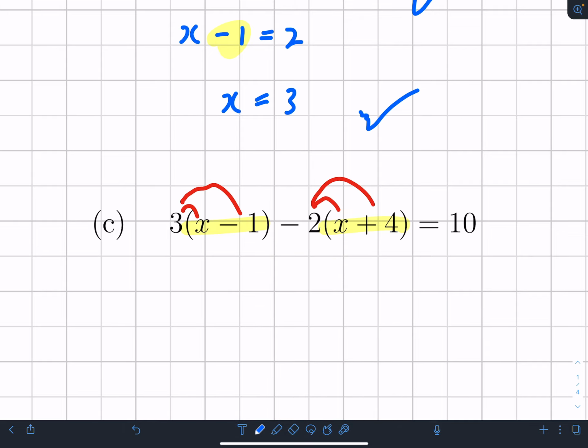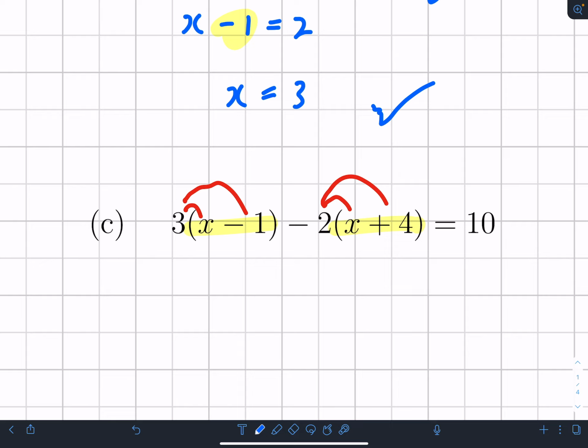So let's do that now. 3 times x is 3x, and then 3 times minus 1 is minus 3, and then we want to minus 2 times x, so that's minus 2x, and careful with this next one, it's minus 2 times 4, so it's minus 8, and so all of that equals 10.